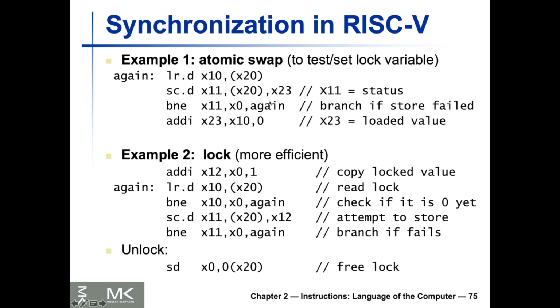And we only branch if branch not equal, which is the case where x11 was not equal to x0, right?